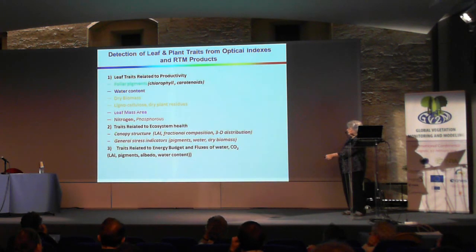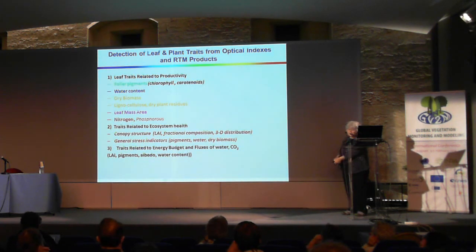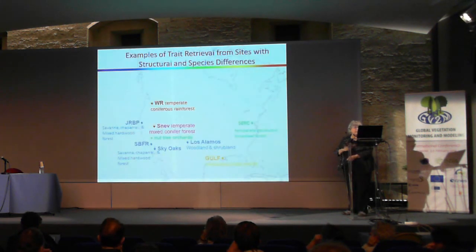And then, of course, we have leaf area index and canopy structure. I think we have to do more with understanding the three-dimensional structure, or some aspect of it, to account for the scattering processes in the spectral information, and indicators of stress, dry biomass and water and pigments, and how they change with environmental conditions, and so on.